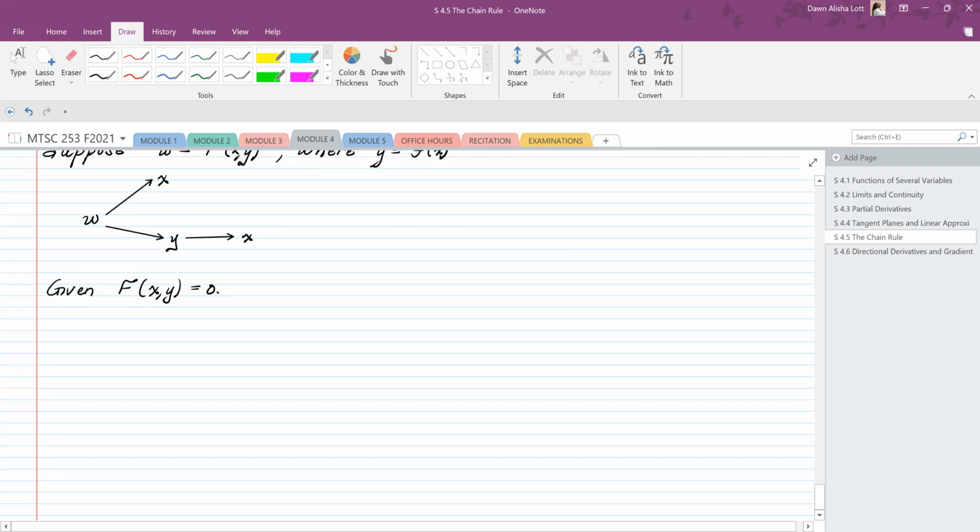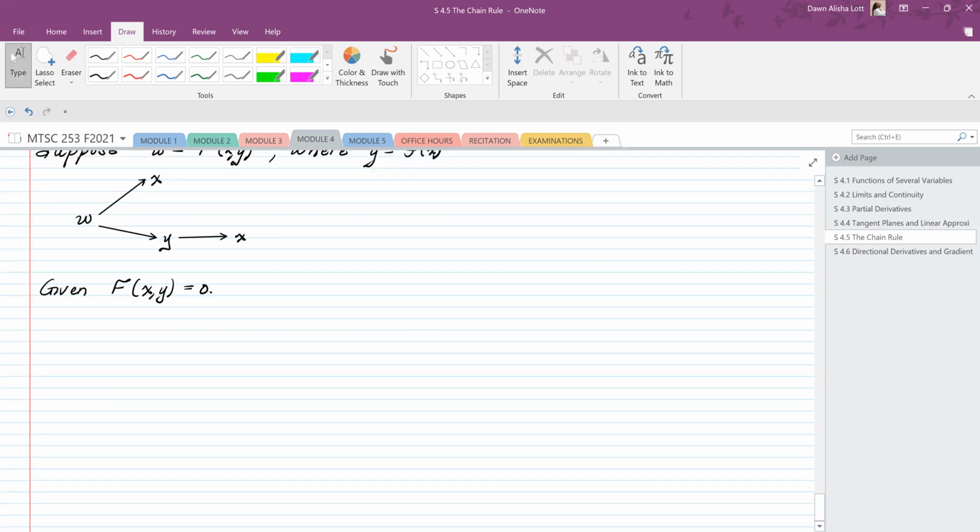So we're going to take the partial with respect to x. So we get 0 is equal to the partial of w with respect to x, which is equal to the partial of f with respect to x plus the partial of f with respect to y times the derivative of y with respect to x.